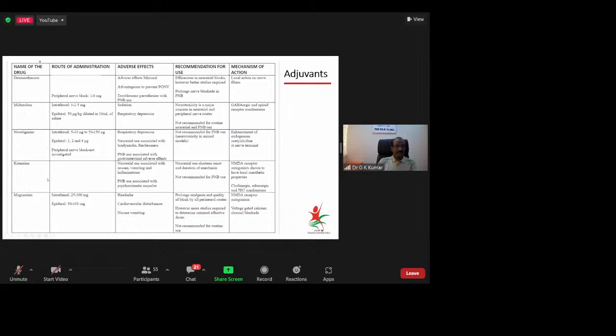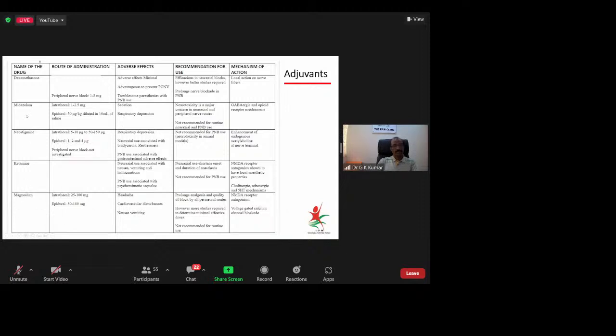Other drugs are coming and going, and magnesium is also coming intrathecally, but it is not advisable to select these drugs as a first choice, because we still need a lot of studies to support us, as all these act through the NMDA receptors.